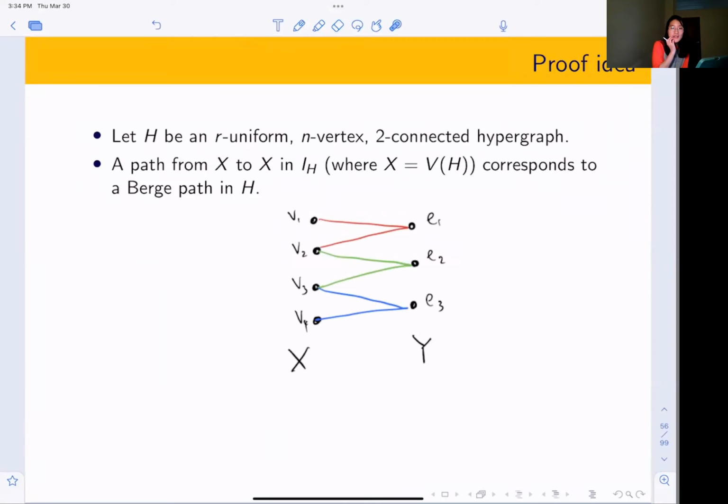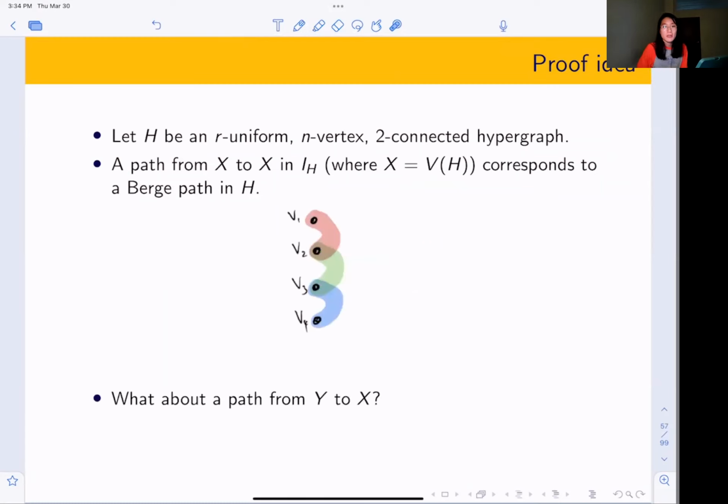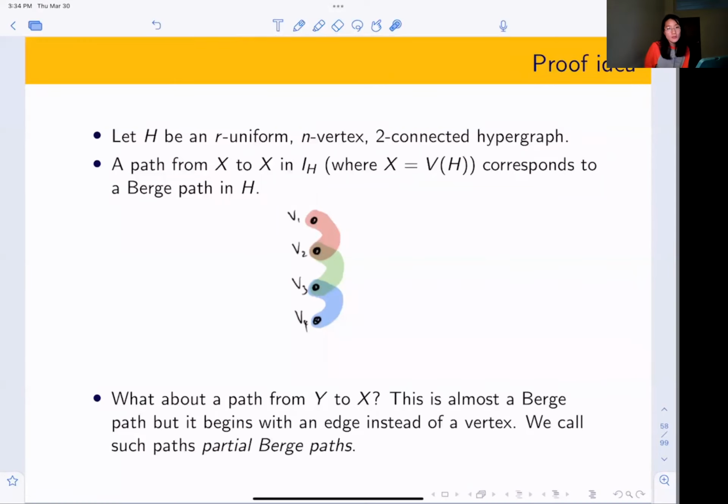And why is this true? Here's my path starting from x to x. Each of these vertices over here represents a hyperedge, so this is my Berge path. Similarly, if I have some path from y to x, where y was representing the edges in the hypergraph, this is almost a Berge path, but it begins with an edge instead of a vertex. So we call such things partial Berge paths, and similarly from y to y.